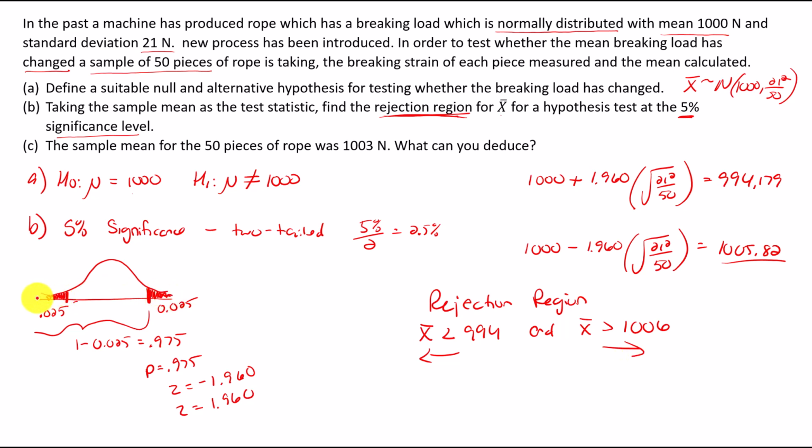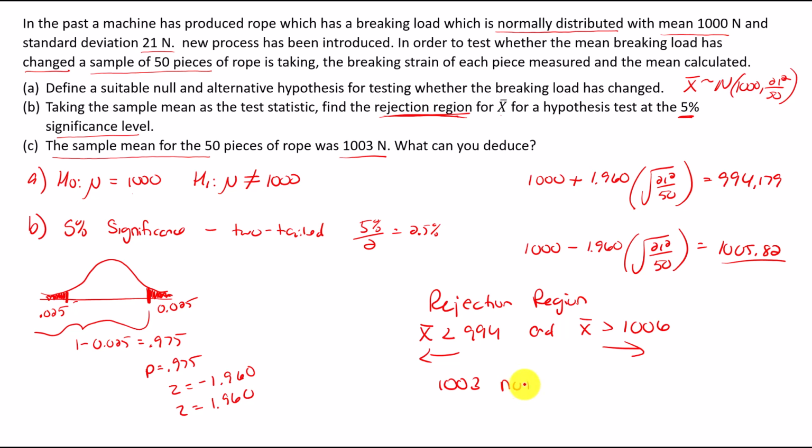On part C, it then says the sample mean for the 50 pieces of rope was 1,003. What can we deduce? Well, 1,003 is not in the rejection region. It's not less than 994, and it's not greater than 1,006.